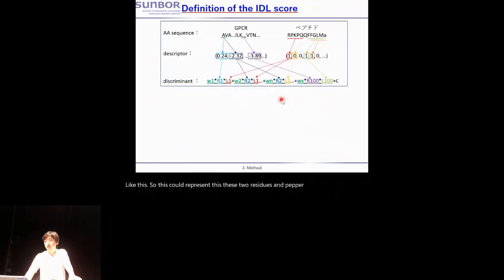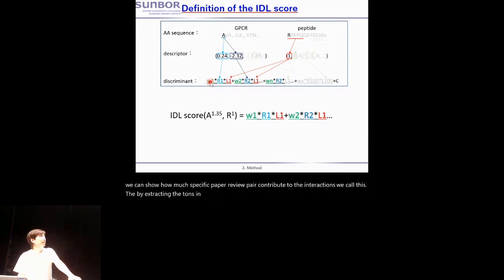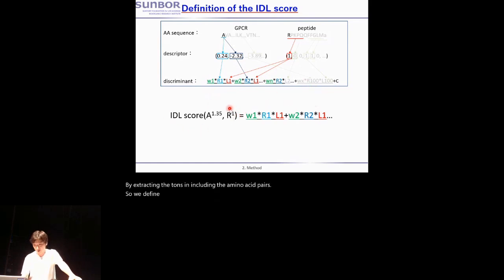So it means we can show how much a specific peptide GPCR residue pair contributes to the interactions. We call this, by extracting the terms including the amino acid pairs, the IDL score.